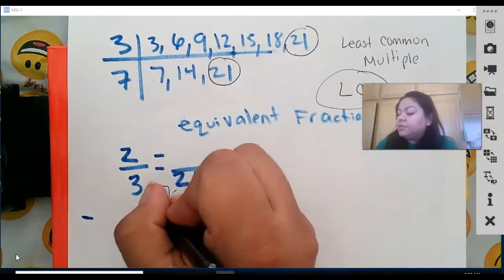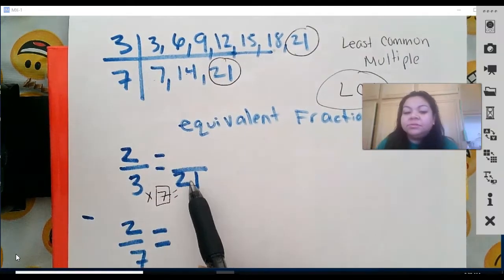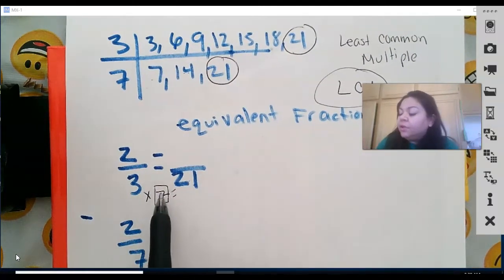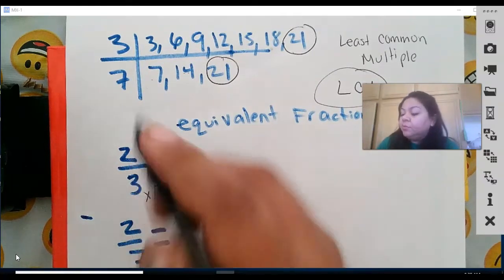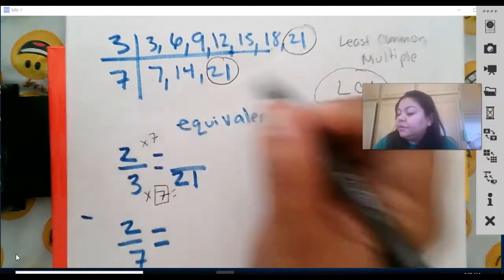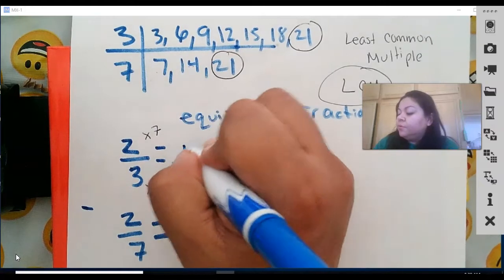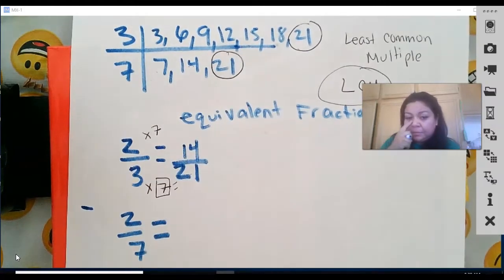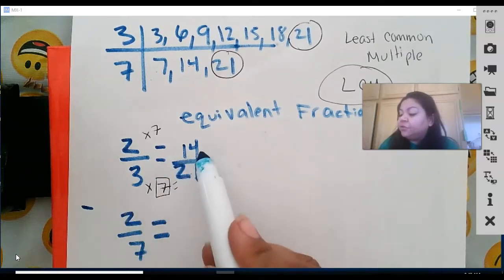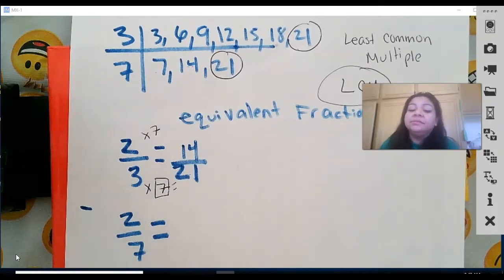So that means 3 times 7 equals 21. So if I multiply the denominator by 7, I need to multiply the numerator by 7. So 2 times 7 is equal to 14. Okay, so that's the equivalent fraction of 2/3. 14 over 21 is the equivalent fraction.